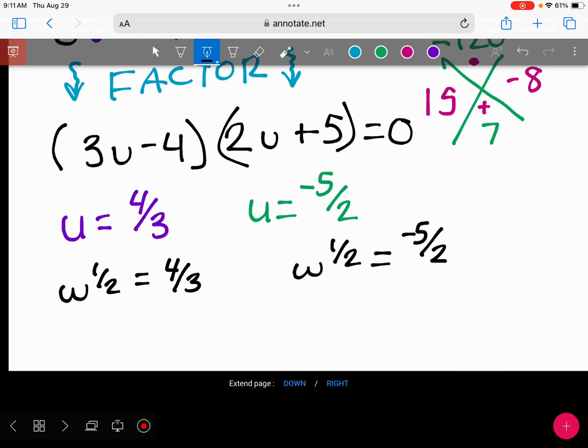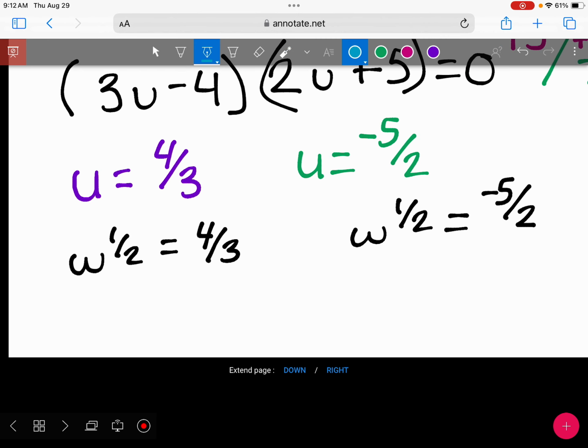What do we do to get w by itself? Square it, because to the power of 1/2 really means what? Square root. So this is square root of w equals 4/3, and square root of w equals -5/2. So we're going to square both sides.